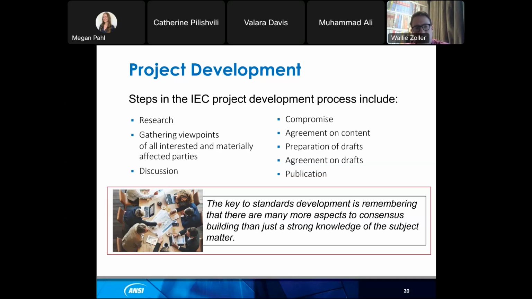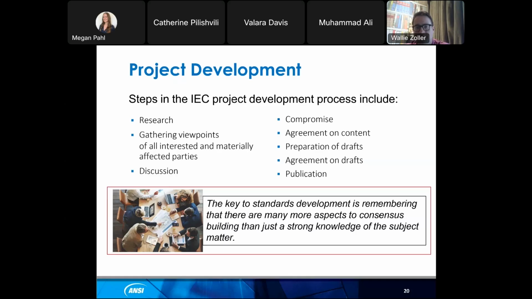You have to gather the viewpoints of interested parties and, in fact, make sure that there are such parties to participate in your activities, lest you work in a vacuum, which is not recommended, right? You want to work with the input and with the assistance of all desirable parties.